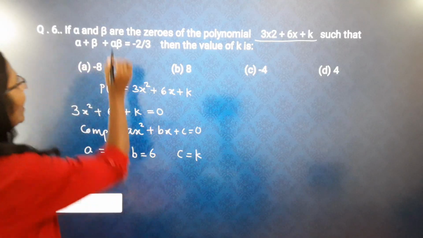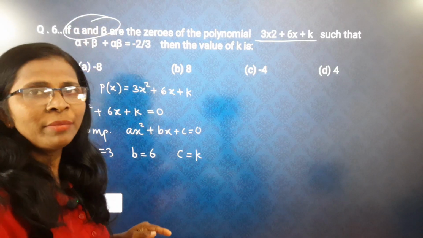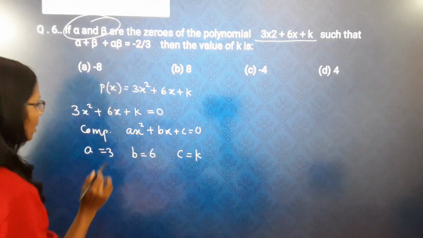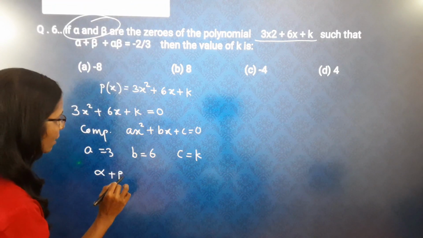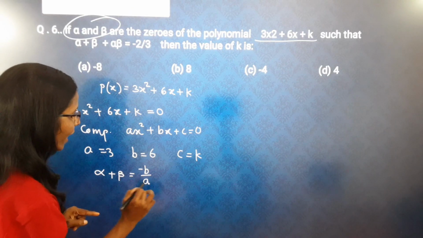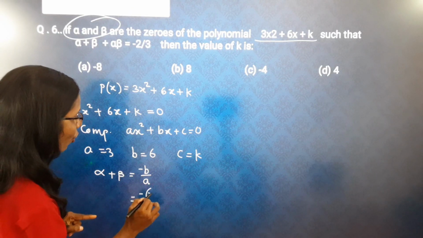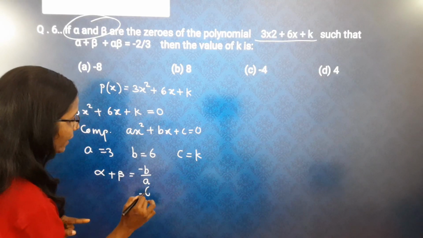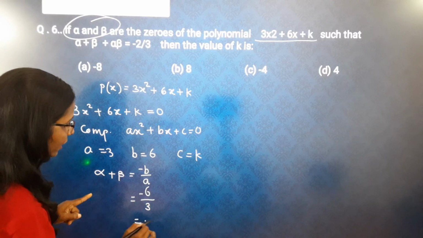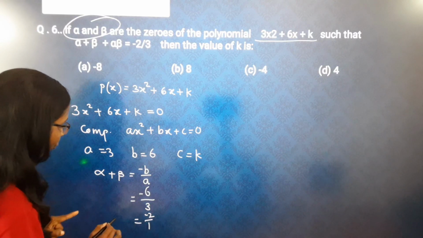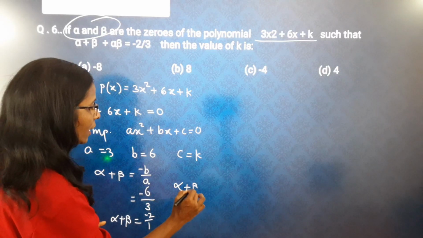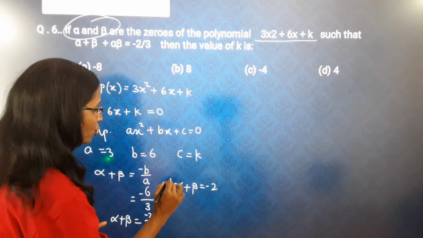Okay, so now alpha and beta are the zeros of the given polynomial. That means, students, the sum of the zeros of the given polynomial is equal to minus b upon a. So here minus 6 upon a, a means 3, so 3 twos are 6. So alpha plus beta is equal to minus 2, students.